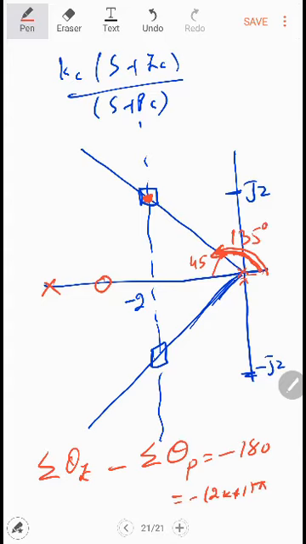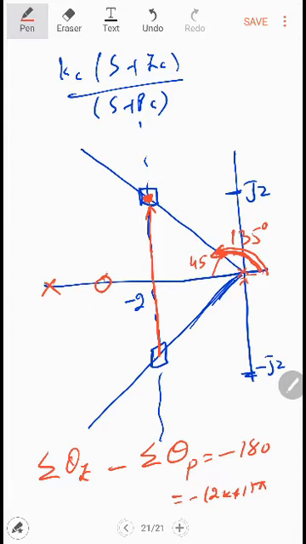So we have two angles over here, 135, and then we have one angle from this closed loop pole, which is equal to 90 in this case. So we also have to consider this one, and then we have to add this pole and zero such that the total angle contribution becomes equal to minus 180.